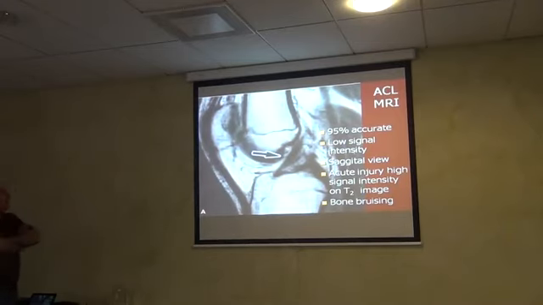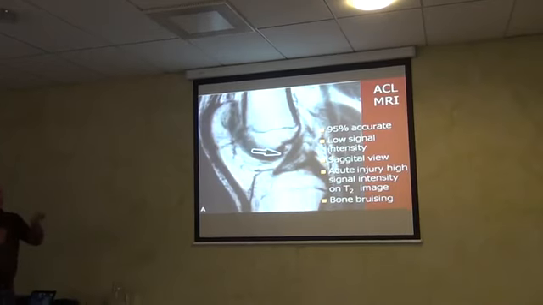Here we have an MRI of the anterior cruciate ligament. Is the MRI more or less accurate for disruption of the ligament? For me, the clinical test is more important.